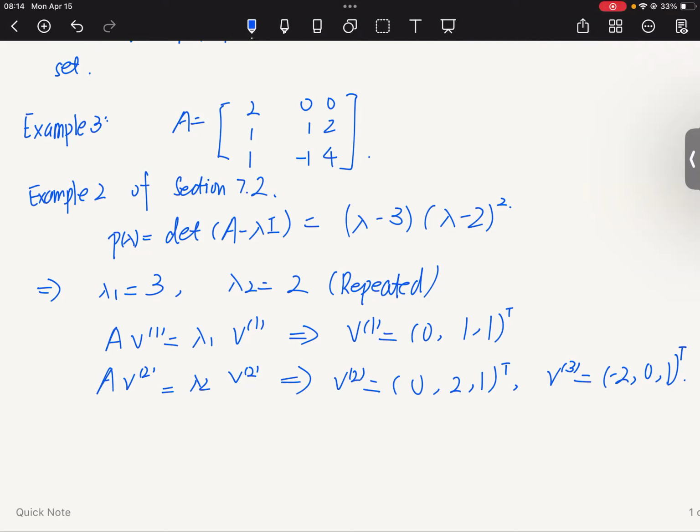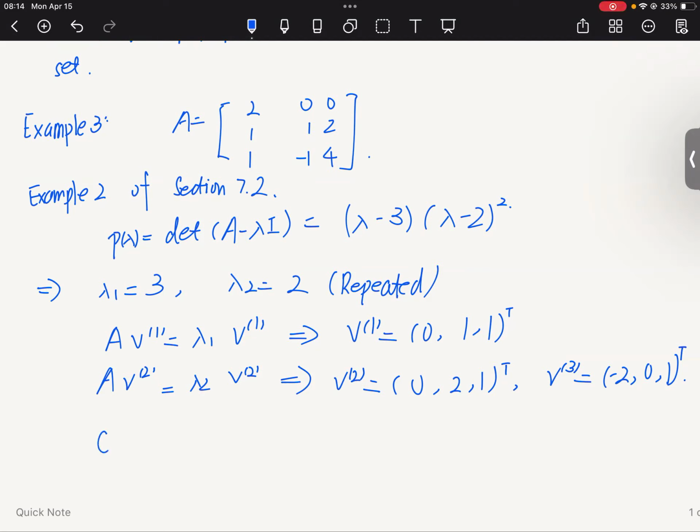It's something different from what we mentioned in the theorem. If we collect them together, they are actually linearly independent.